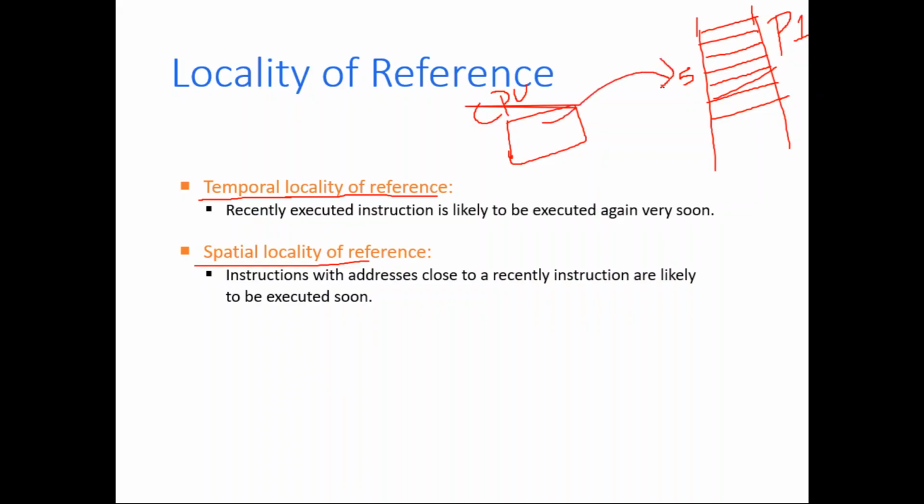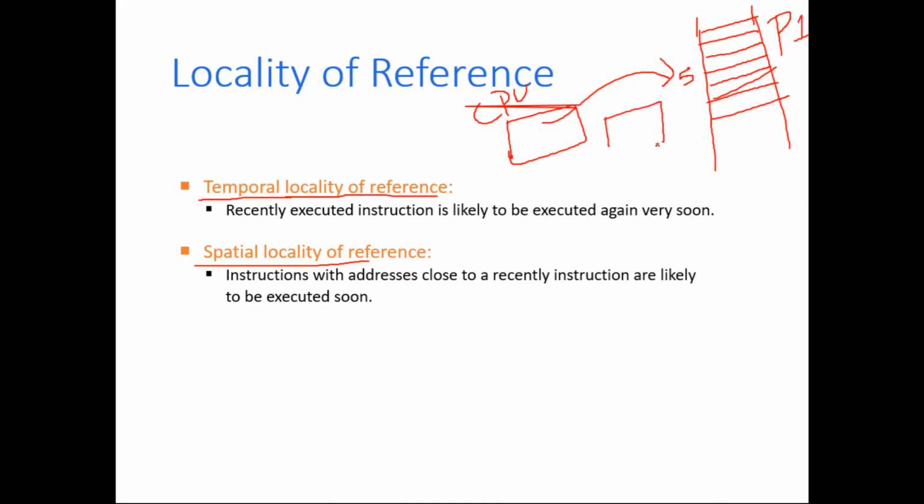Now ideally the memory control unit should first check whether the particular word is available in the cache memory or not. If it is not available in the cache memory, it will fetch it from the main memory and keep it in the cache memory.